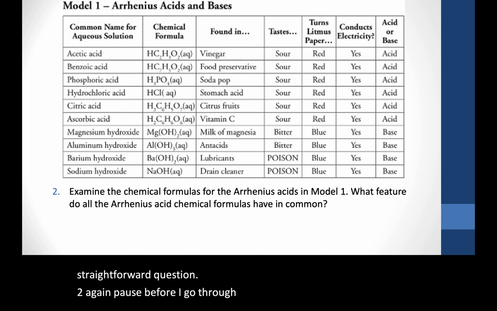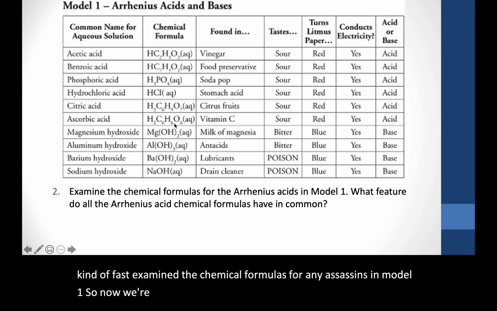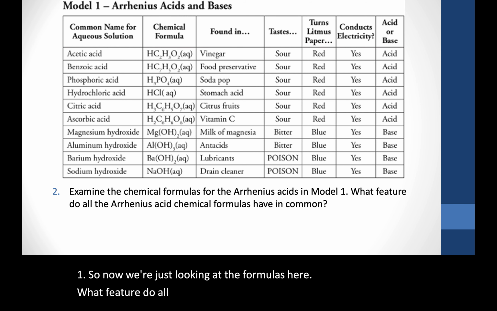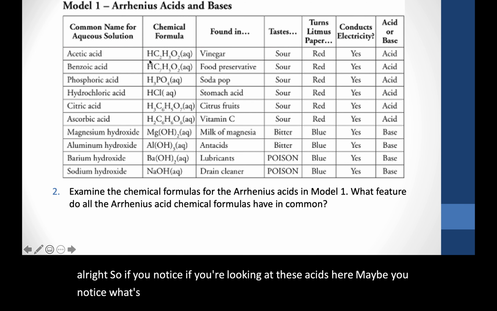I'm going to go through these kind of fast. Examine the chemical formulas for Arrhenius acids in Model 1. So now we're just looking at the formulas here. What feature do all the Arrhenius acid chemical formulas have in common? If you're looking at these acids, maybe you noticed what's in front of all of these formulas. Yep, that hydrogen there. That's super important.